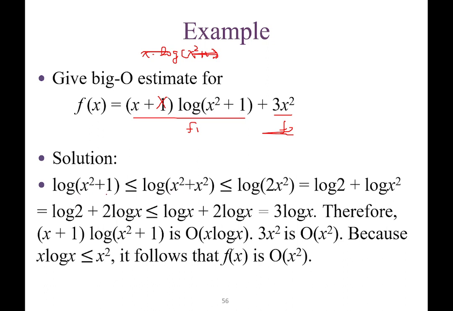Okay, so log(x squared plus 1) is less than x squared plus x squared, so we can write 2 times x squared. Then log of 2 times x squared can be written as log 2 plus log x squared, and the power can be put in front of the log function, so we get log 2 plus 2 times log x.